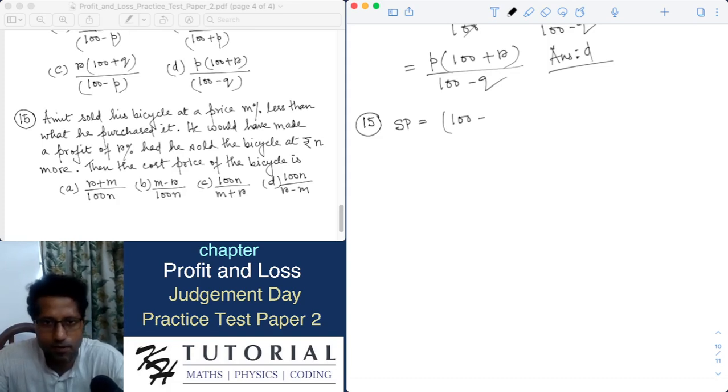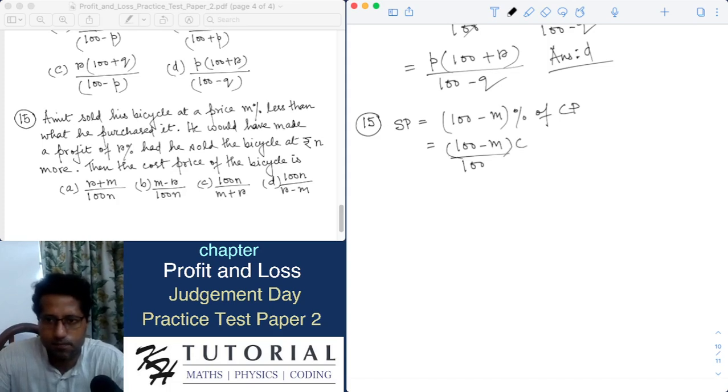So this should be 100 minus M percent of the cost price, that is CP. Now 100 minus M% means (100 minus M) divided by 100, multiplied by CP.